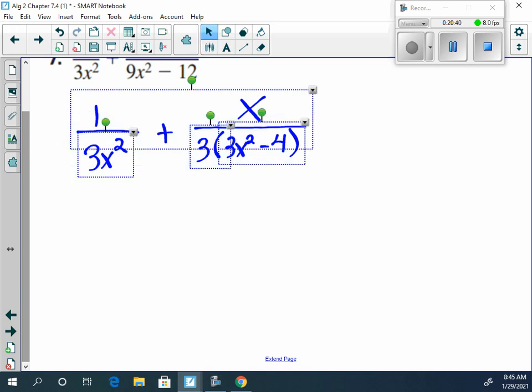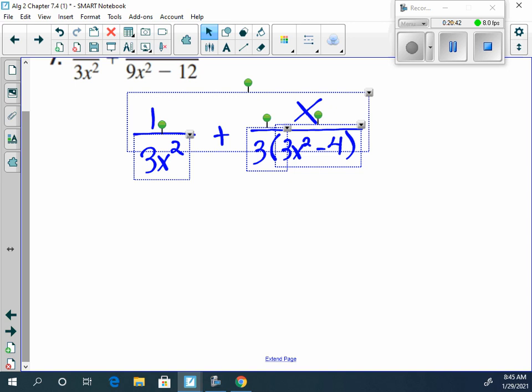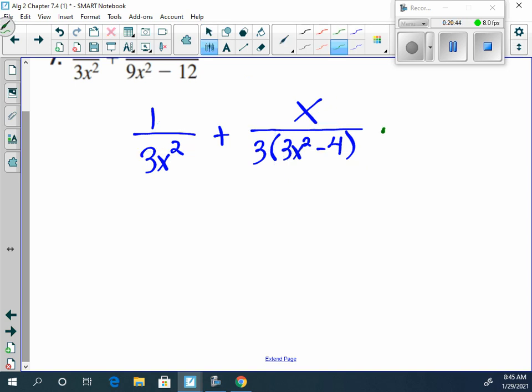Okay, I'm going to center this up on my board so I have a little bit of space. Now we need to make the denominators the same. So what does the left one have that the right one doesn't? It has one thing.